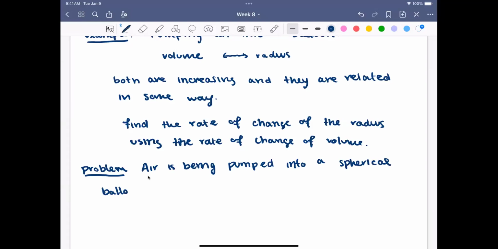balloon at a rate of 100 centimeters cubed per second.